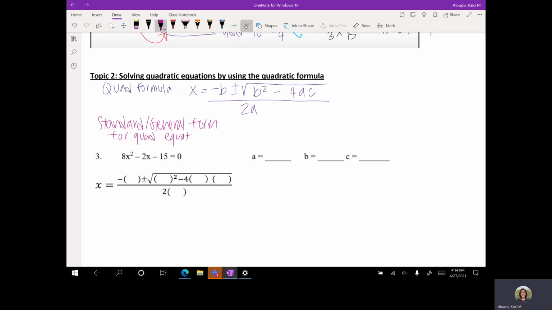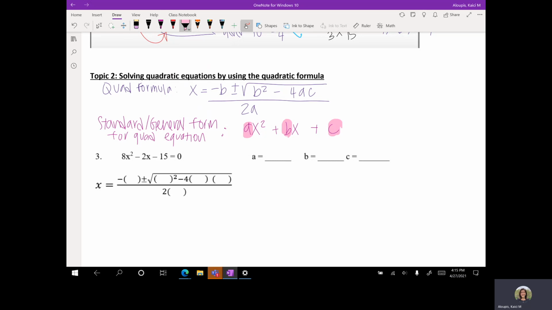So we have to remember, what is the standard or general form for quadratic equations? That is ax squared plus bx plus c. Here, a is whatever's being multiplied to x squared, b is whatever's being multiplied to the x term, and c is the constant that has no variable being multiplied to it.